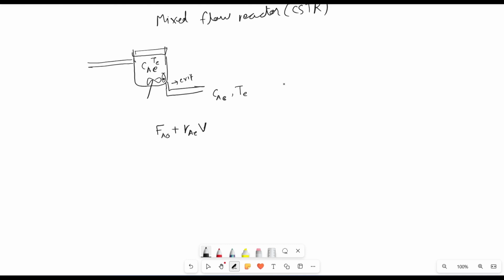If it is not entirely filled, then V is the volume of the reaction phase wherever the reaction is taking place. This equals FA exit. Now this can be written in terms of conversion as FA naught times (1 minus XA).